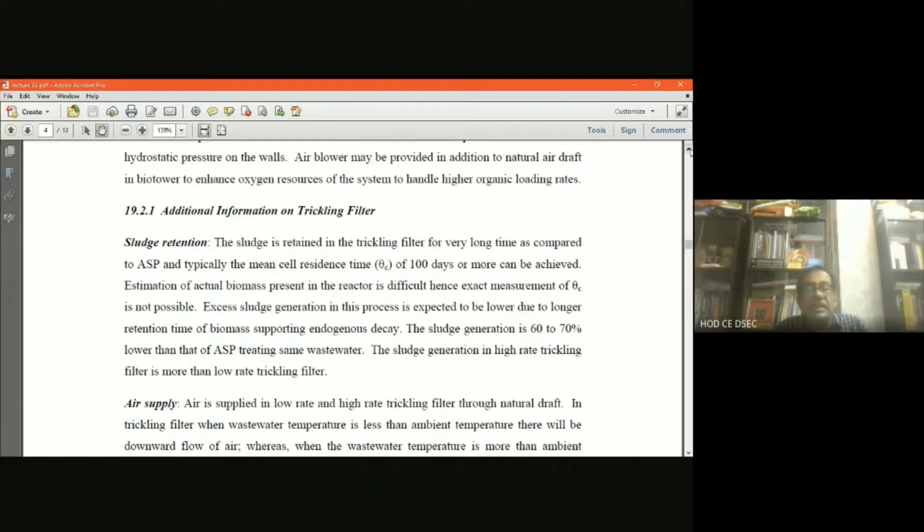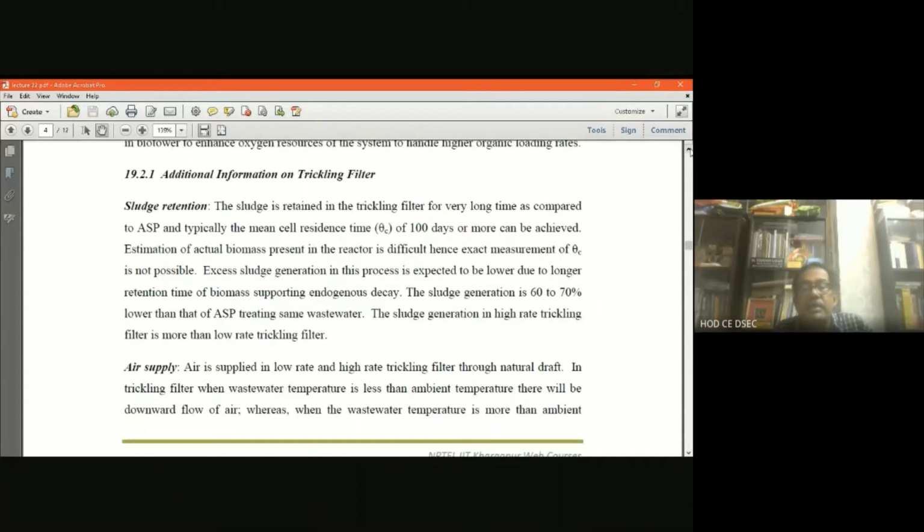But excess sludge generation in this process is expected to be lower due to the longer detention time of the biomass, and the sludge generation is 60 to 70% lower than that of ASP treating the same wastewater. So whatever sludge is generated in ASP, it has been found 60 to 70% lower in the trickling filter.